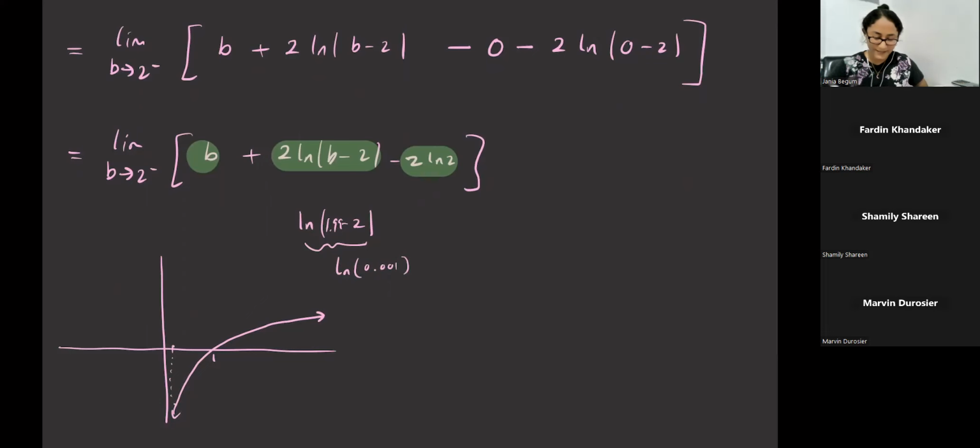Would you guys agree with that? So therefore, this is actually going to infinity, which means it's divergent. Let me know if that makes sense.